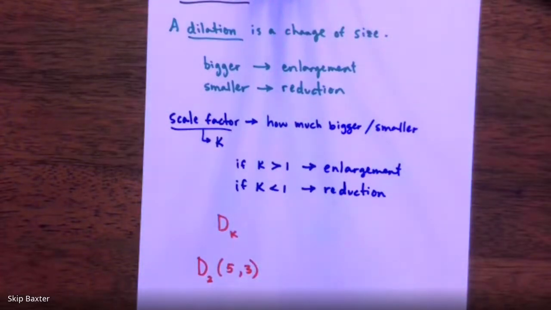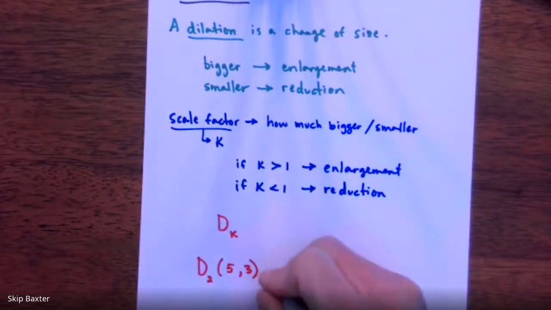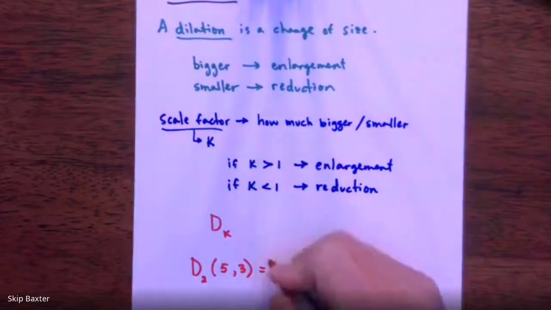And all you're going to do to get the image of a dilation is just multiply the scale factor by each of the coordinates. That's it. This is just going to end up being (10, 6).